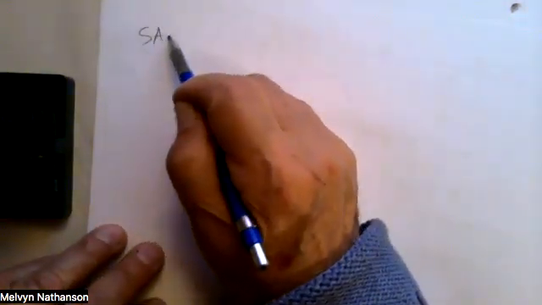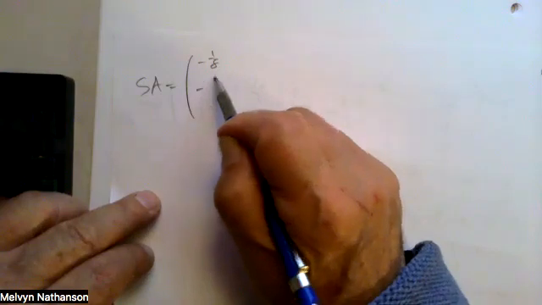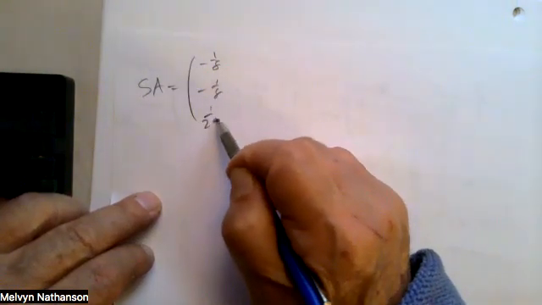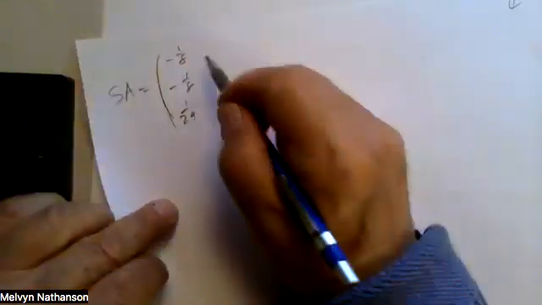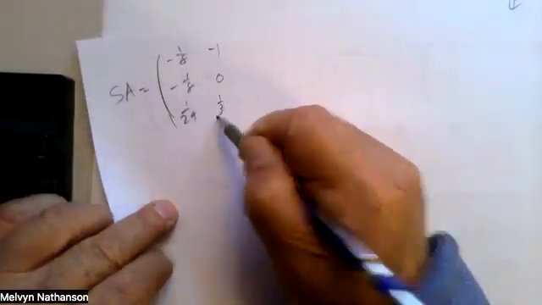I want to calculate S times A. So S times A, what was S? Minus an eighth, 1 over 24. Minus 1, 0, a third. 0, 0, 0.